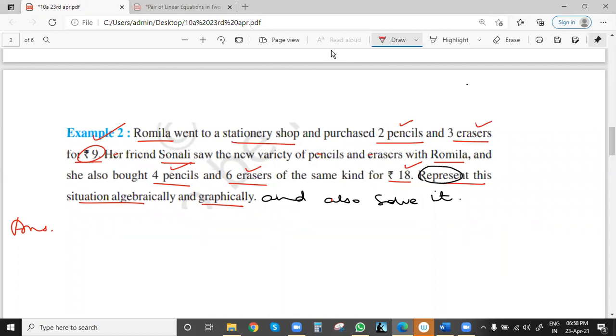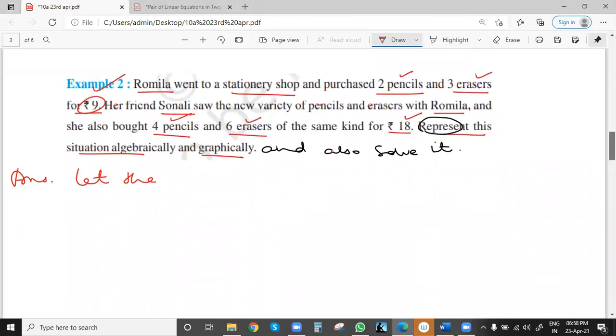So what values we don't know? 2 pencils Romila purchased first, then 3 erasers, and she paid ₹9. You don't know 1 pencil price and 1 eraser price. So let the values which are not known be x and y.